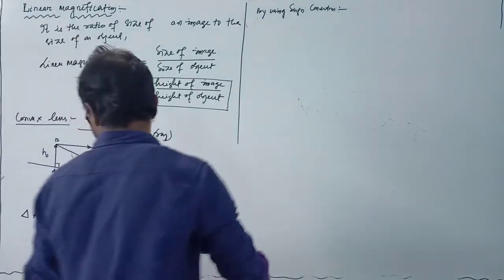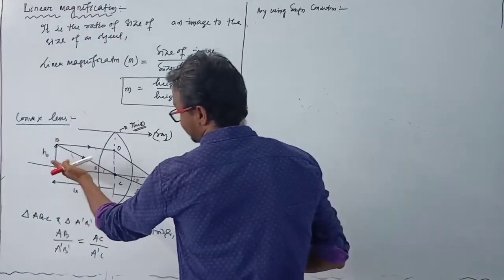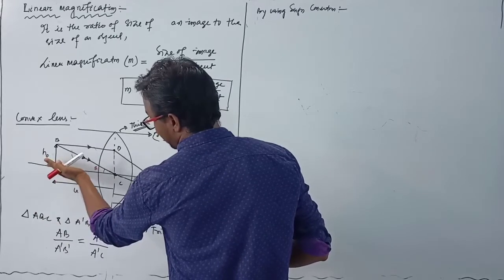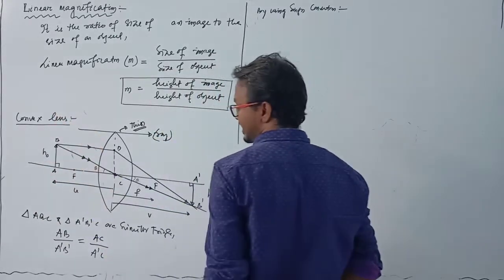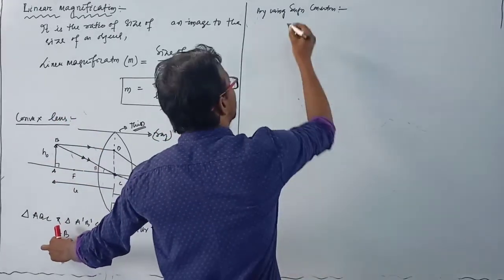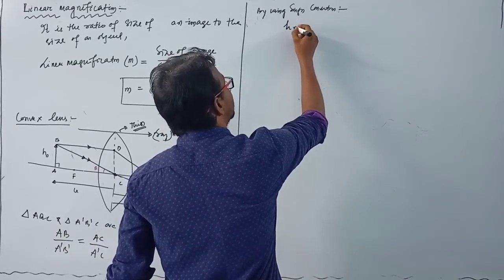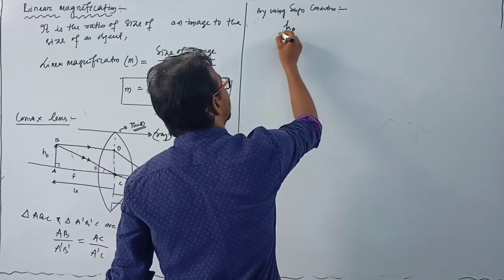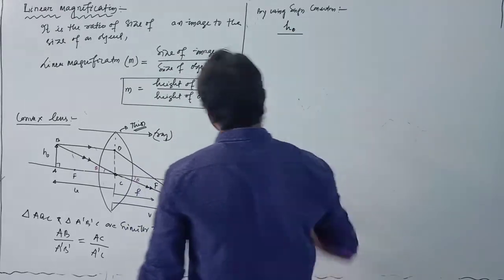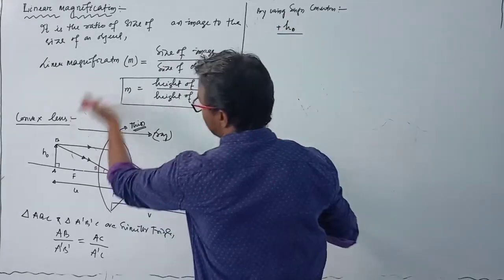So we can write AB: if the distance is measured above the principal axis, then the distance is taken to be positive. So AB is equal to h0. H0 is the object height, and it has a positive sign because it is above the principal axis.